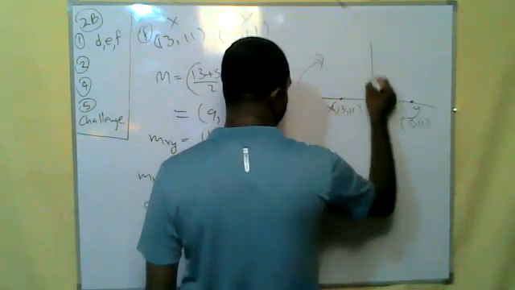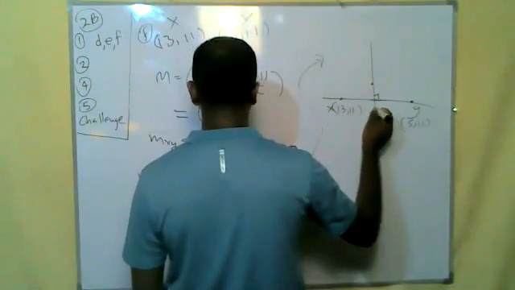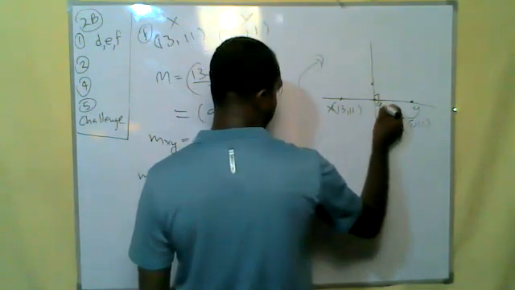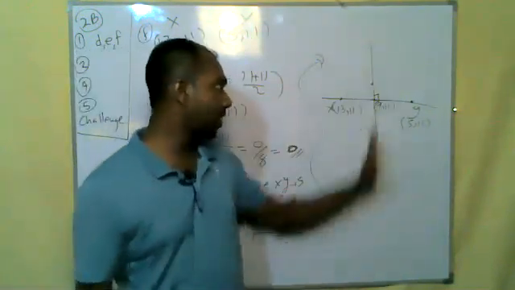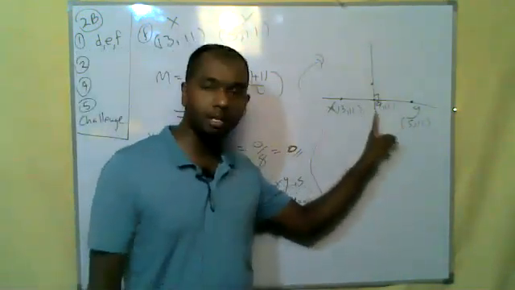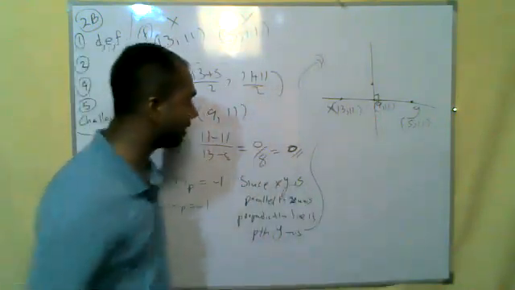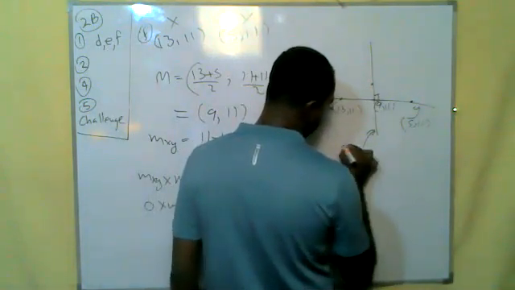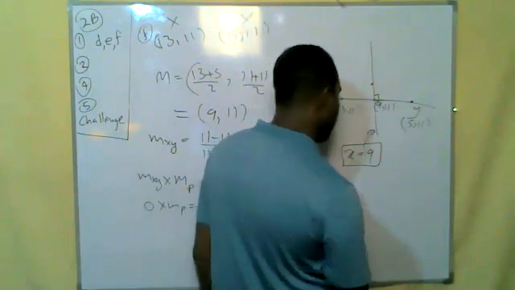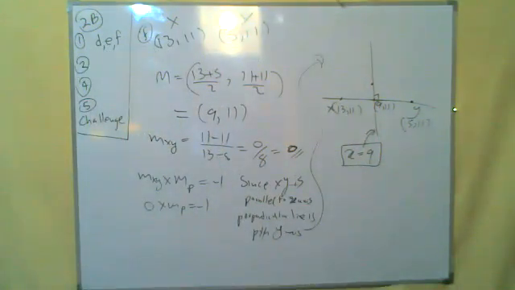So here it will be parallel to the x-axis. What is this midpoint we got? 9, 11. So now we know this is going to be something parallel to the y-axis. So this x coordinate is not going to change. That means the equation of this line is x equals 9. If you plot these points accurately on a grid, you will understand this much more clearly. If you don't, you still get it.